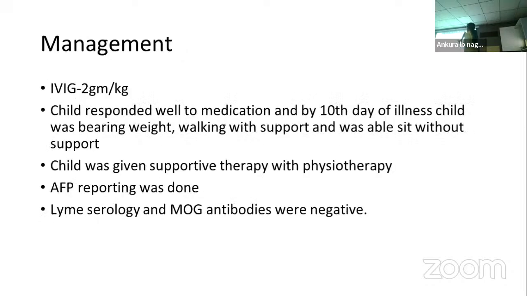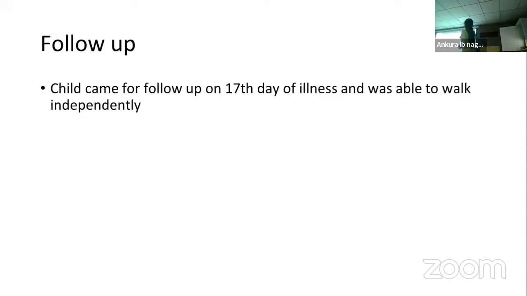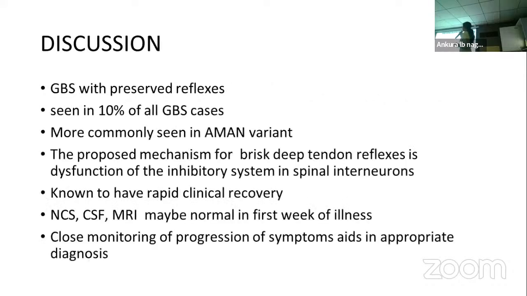The child was managed with IVIG 2 grams per kg and responded well, and by the 10th day of illness, the child was able to bear weight, walk with support, and sit without support. AFP reporting was done, and serology and MOG antibodies were negative. At follow-up, the child was able to walk independently and was normal.